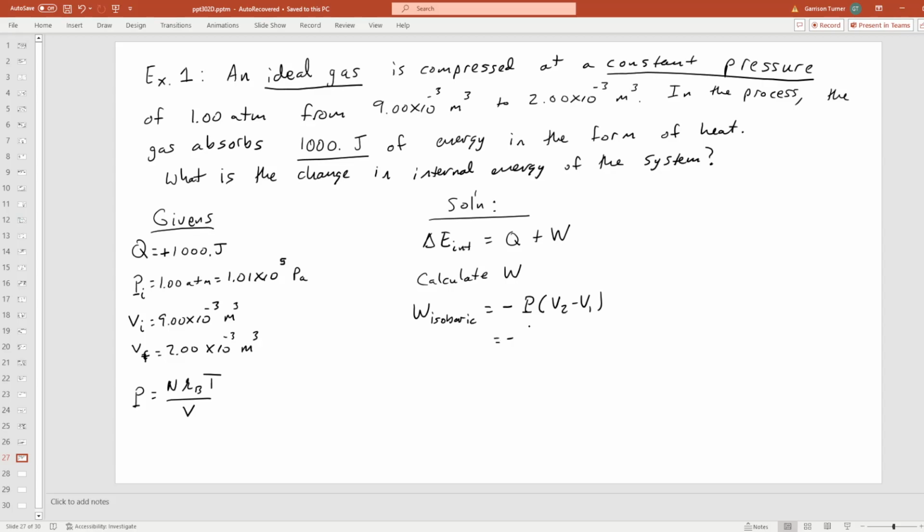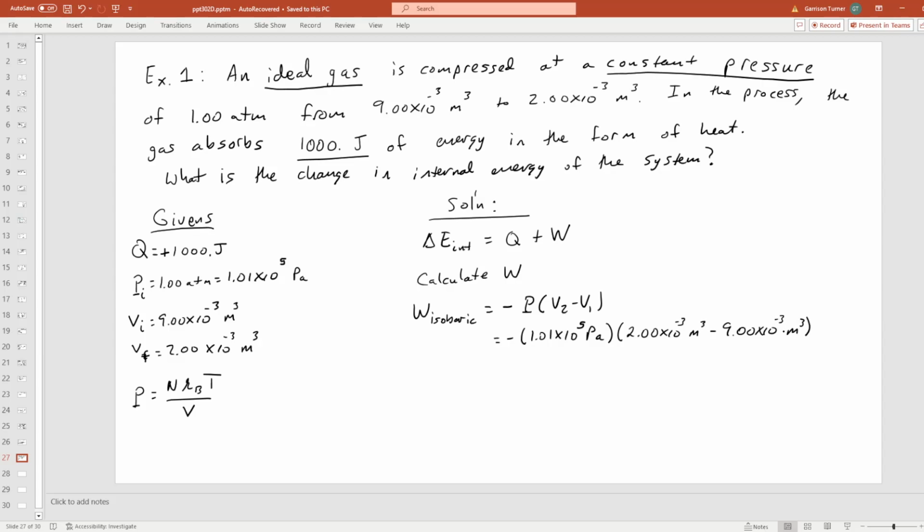So this is negative 1.01 times 10 to the fifth pascals, times 2.0 times 10 to the negative third cubic meters minus 9 times 10 to the negative third cubic meters.